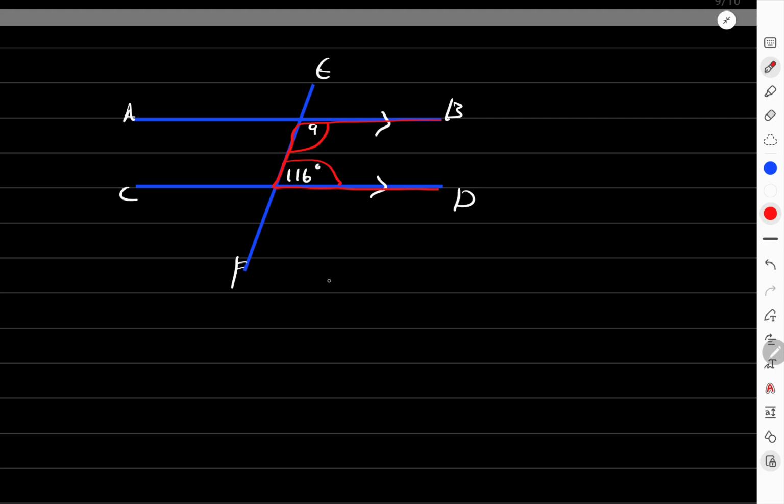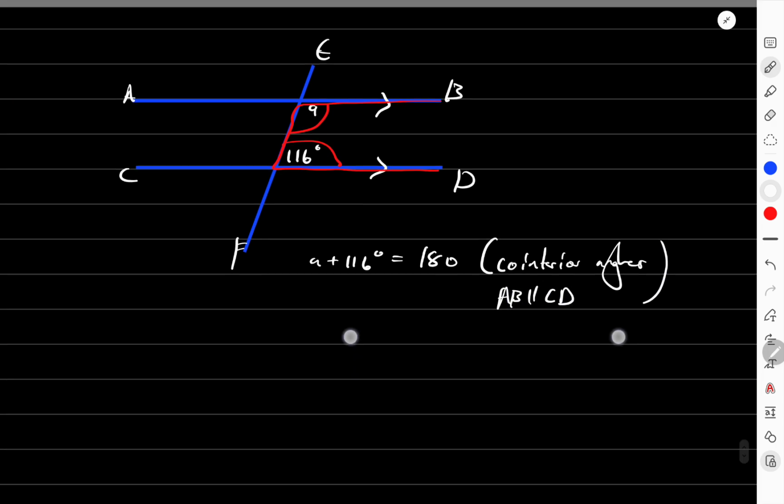Therefore, I'm going to have A plus 116 degrees combined should give us 180 degrees. Reason is going to be co-interior angles. After writing co-interior angles, I have to write which lines are parallel. I'm going to have AB, which is parallel to CD. Line AB is parallel to line CD.